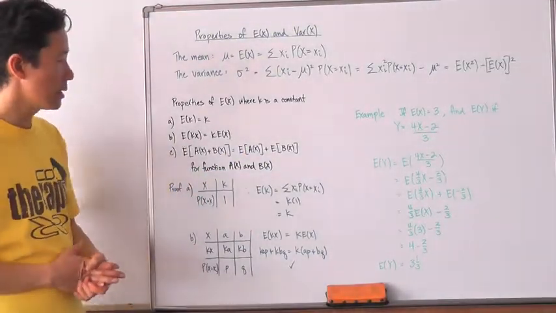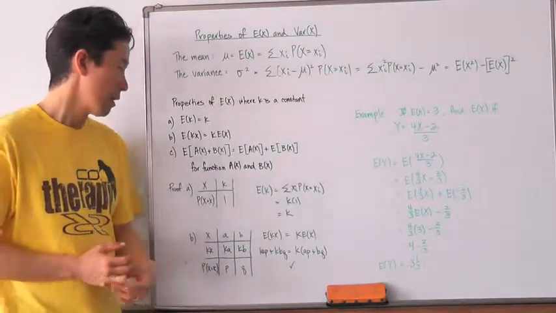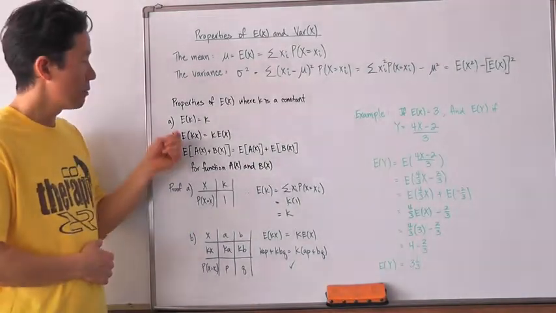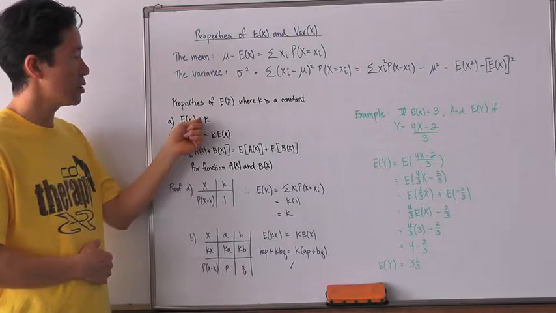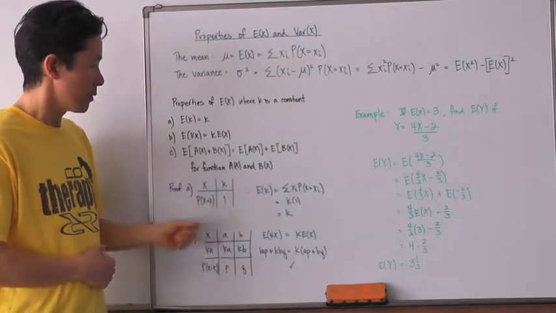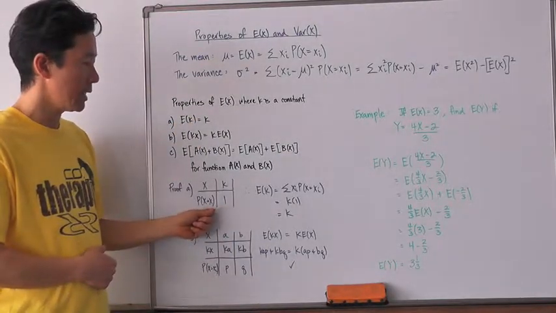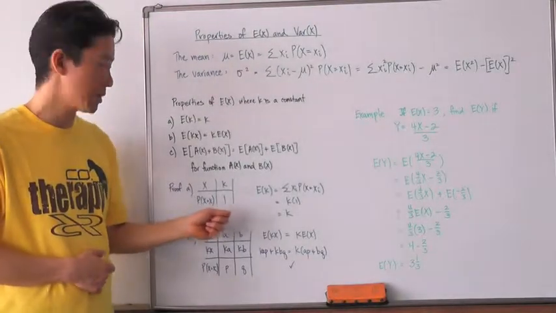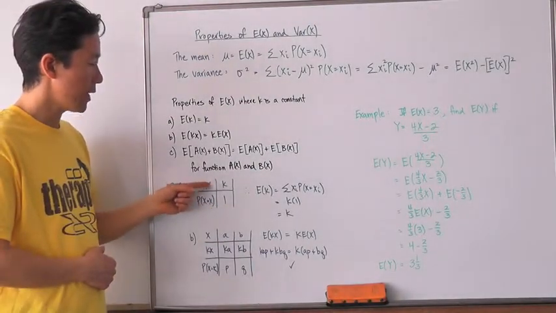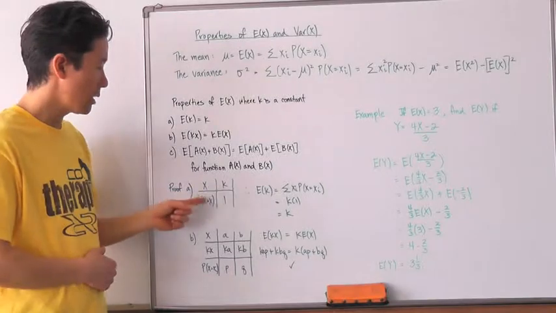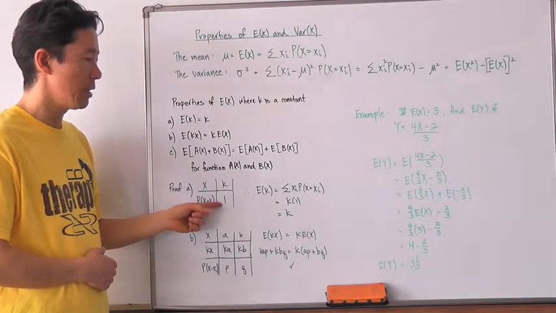Now let's take a look at the proof of A and B. In the proof of A, where it says the expectation of a constant should be equal to that constant, this is what the probability distribution table looks like. The only value of x that you have is the constant, and the probability of getting that is 1.